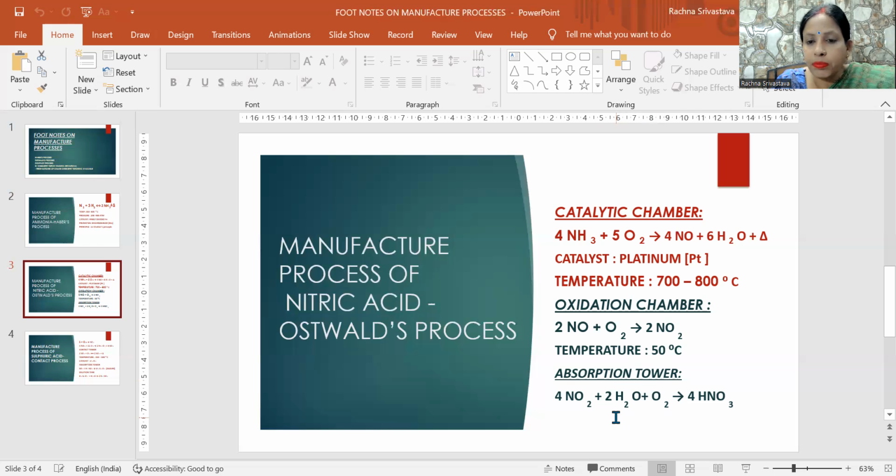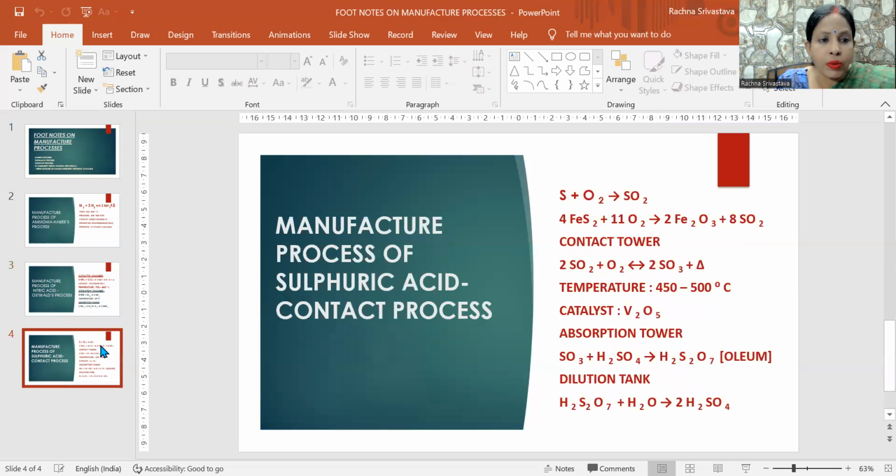In the absorption tower, the mobile number is 424, in the oxidation chamber it is 212, and for catalytic, it is 4546. So learn this way. It will save your time if you are finding it difficult to balance the reactions. Though the reactions are simple, we have an alternative solution for every problem.